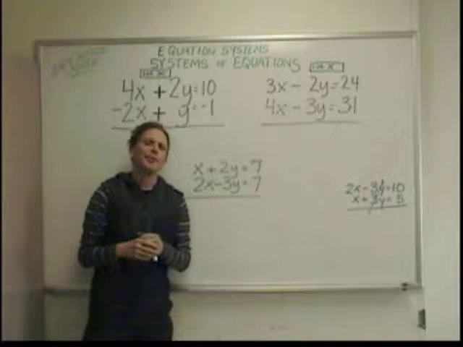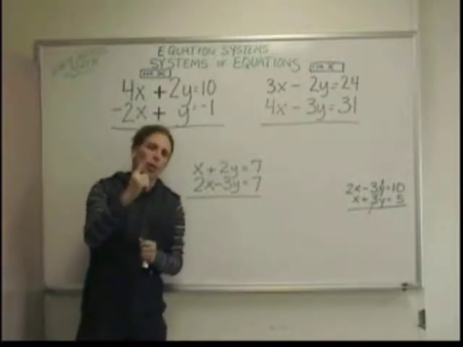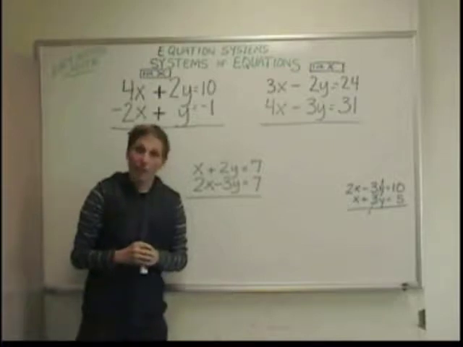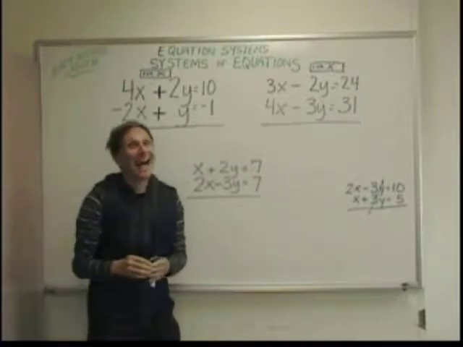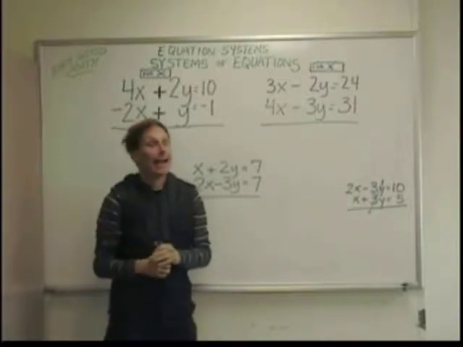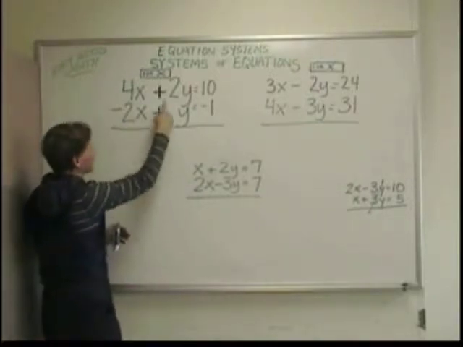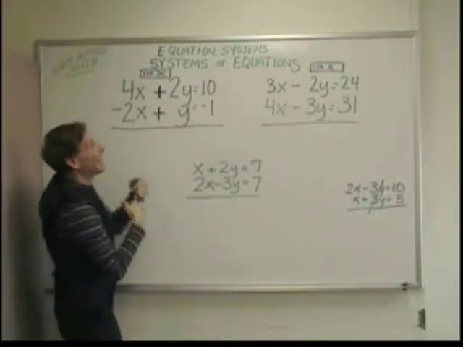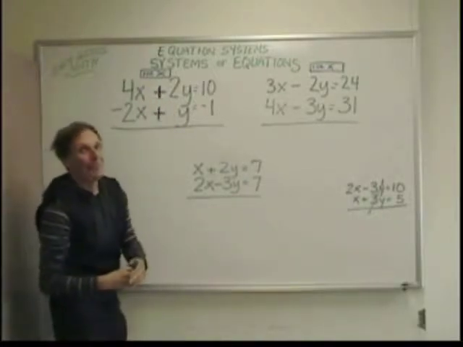Now, in our earlier lessons, you had to adjust one line, and usually it was by multiplying by a number. It's possible you might have to multiply by a negative number if you have the same sign for the value that you're not looking for, and that's the one you have to cancel out.